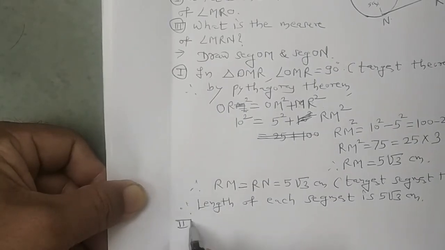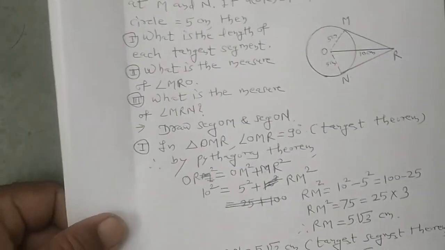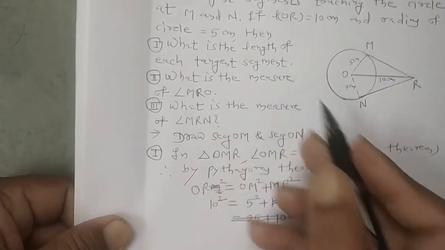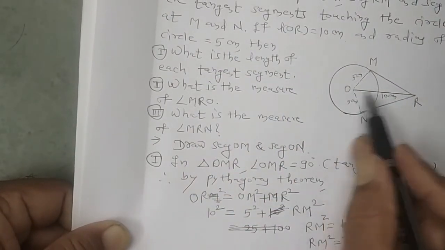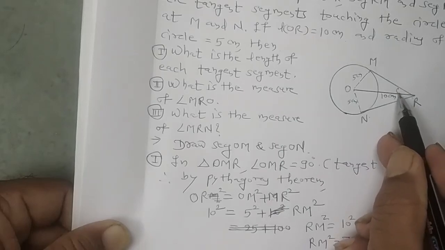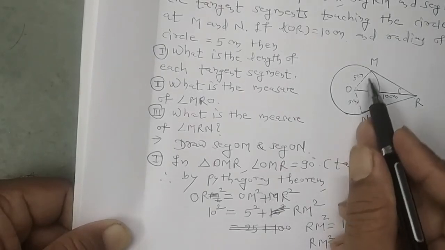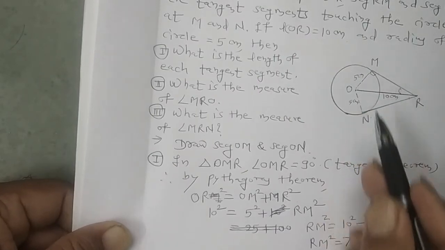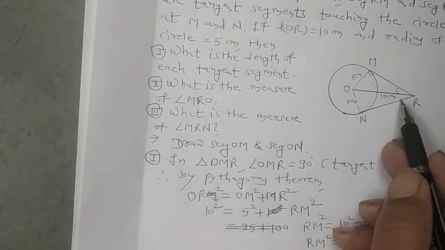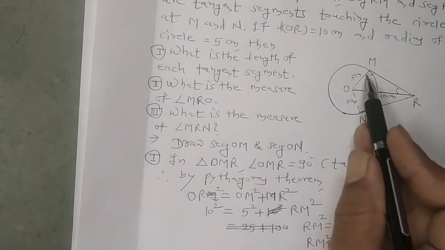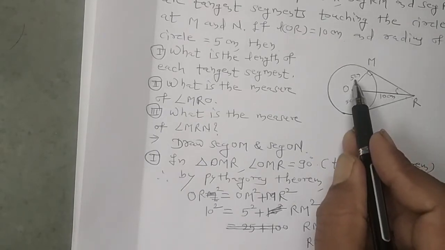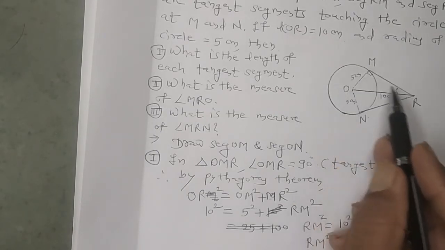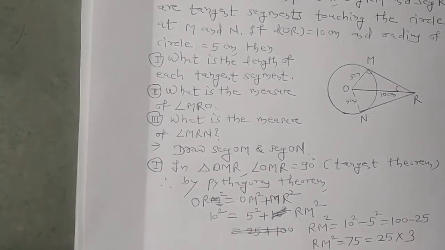This is the first. Now second, what is the measure of angle MRO? We have to find this angle MRO. Now in triangle OMR, this angle is of 90 degree. This is hypotenuse. This side OM is half of this hypotenuse. Therefore, its opposite angle is of 30 degree.